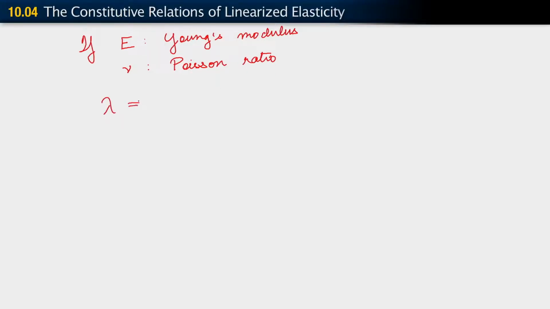So lambda is E nu over 1 plus nu times 1 minus 2 nu, and mu is E divided by twice of 1 plus nu.